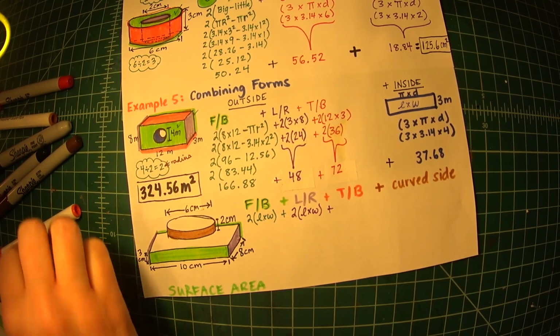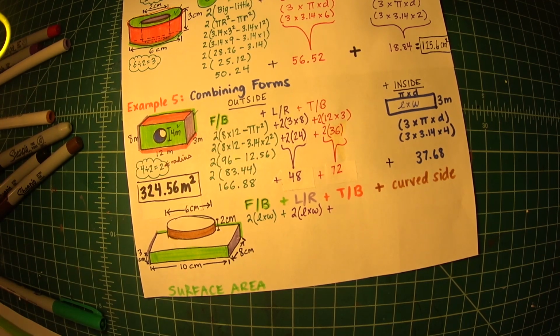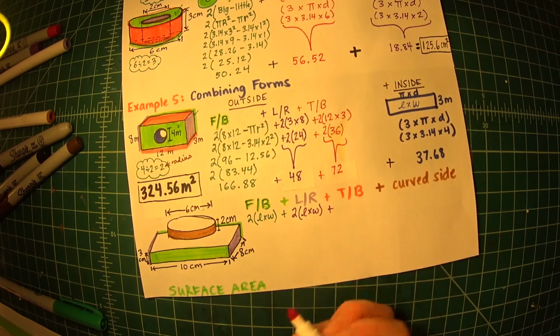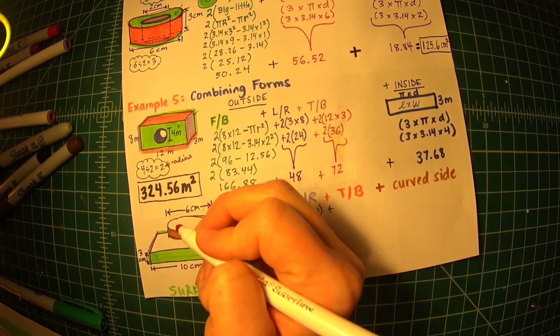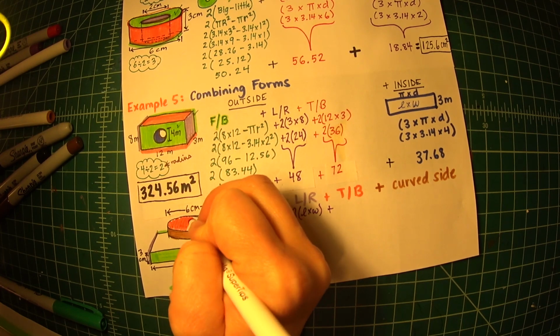And then finally, if I look down from the top, straight down from on top of this form, I will see this flat circle.